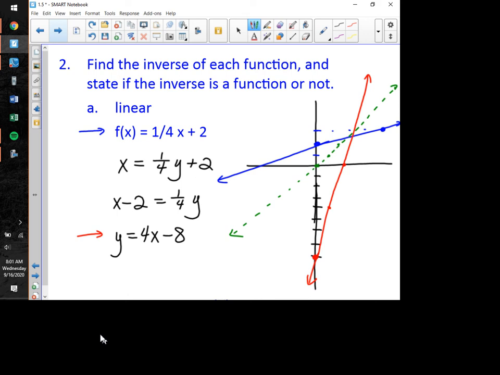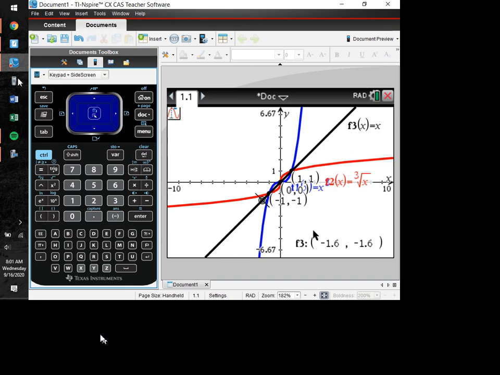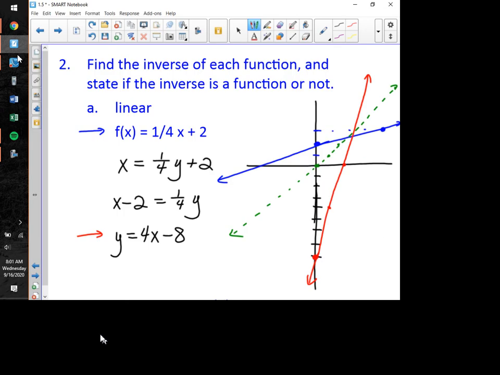We saw that looking at the calculator graph a second ago, where all 3 curves, the blue and the red and the black, all intersected at these 3 points: 1, 1; 0, 0; and -1, -1. And even though I didn't do a great job of graphing this, I can see that right about here, where the blue line intersects the green line, I'm close enough to feel good that the red line should have crossed through there as well.